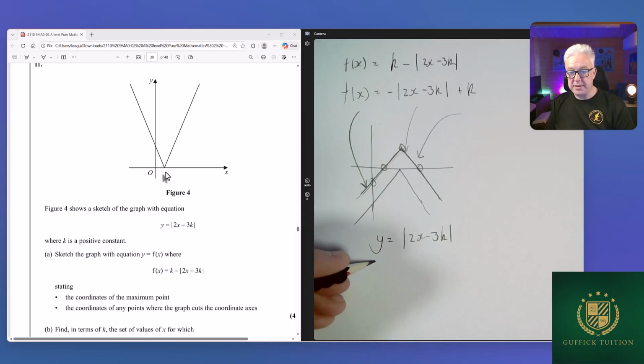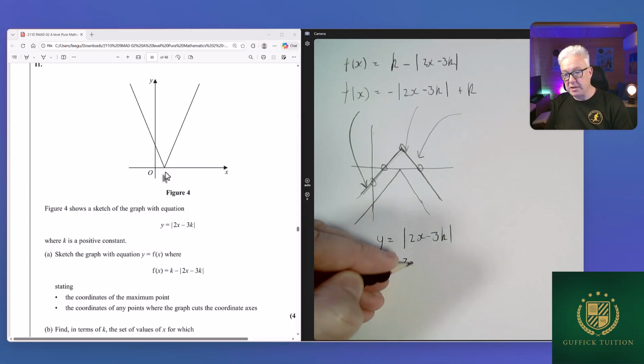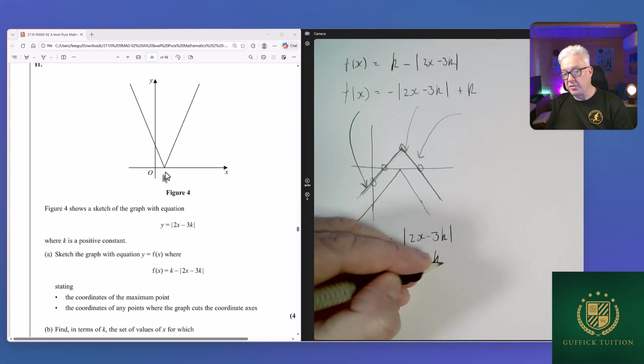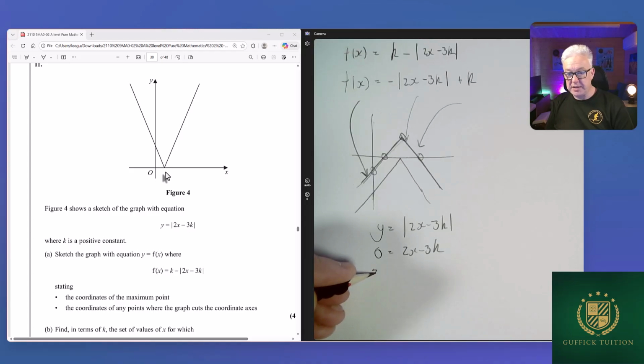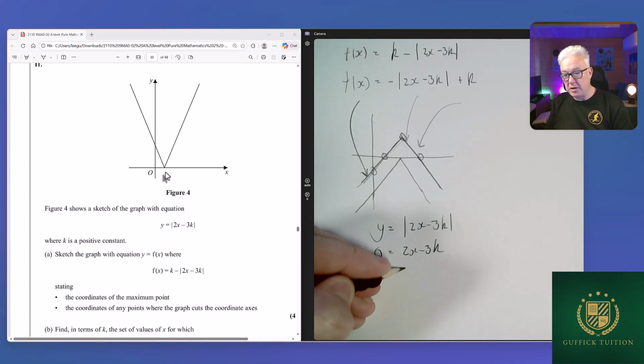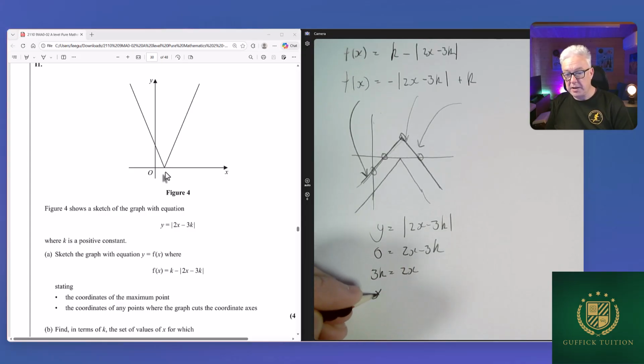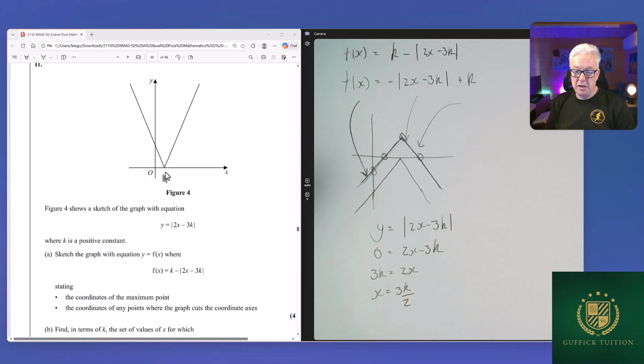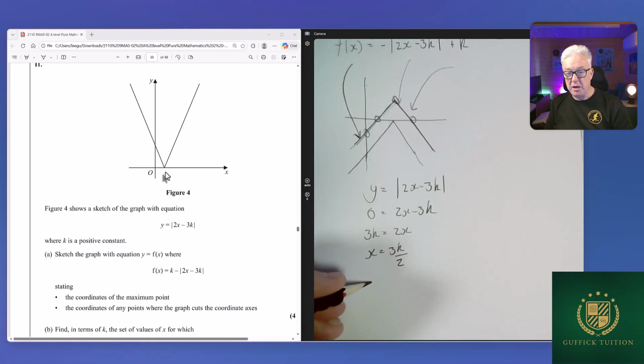When y is 0, we can just think of this as 2x minus 3k, so 3k is equal to 2x. So x is equal to 3k over 2. That is the original coordinate of the vertex. Before there were any transformations, the coordinate of the vertex of the graph was 3k over 2, 0.